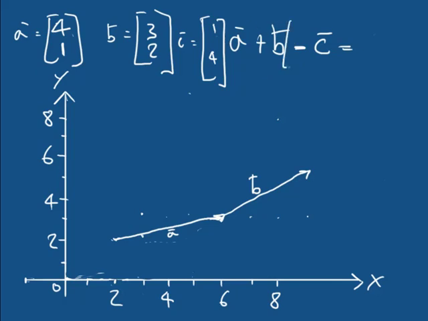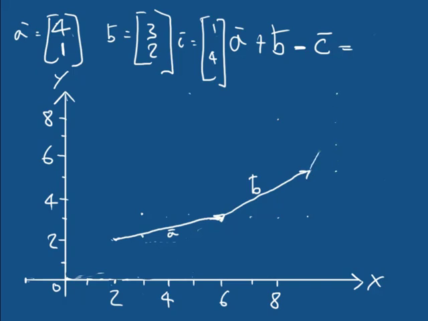We're now subtracting c. That means from this point, we need to travel in the opposite direction of c. That means we need to place c, if you will, such that the end of c touches the end of b. So c would move 1 unit in x and 4 units in y. So it would move over approximately 1 unit in x, and it would move up 4 units in y. So 1, 2, 3.